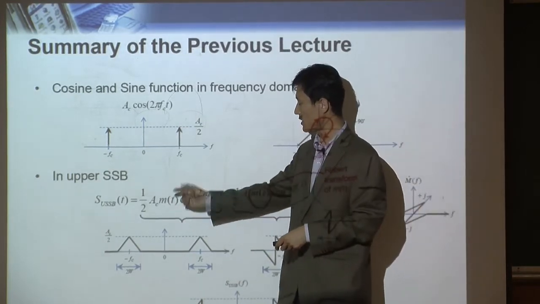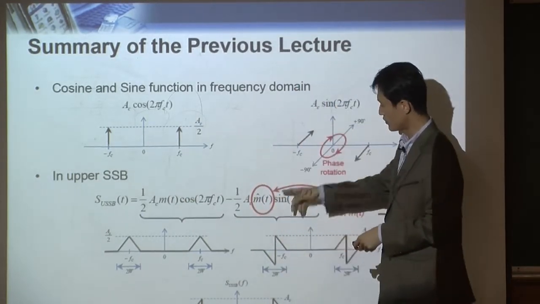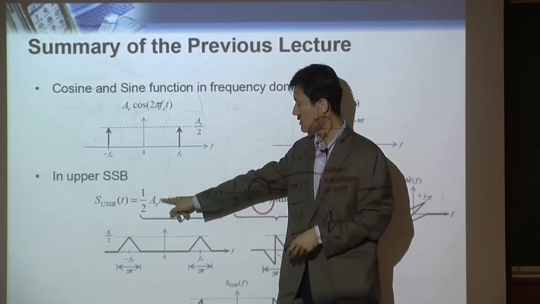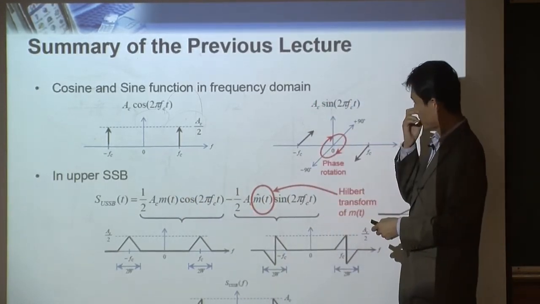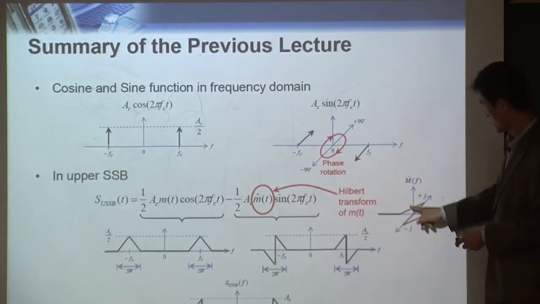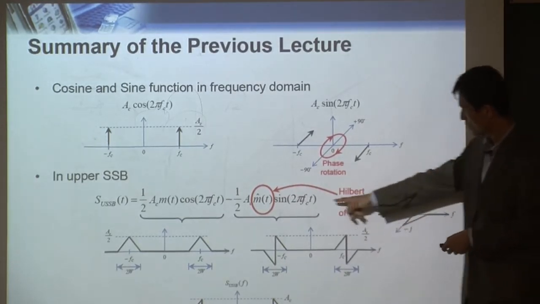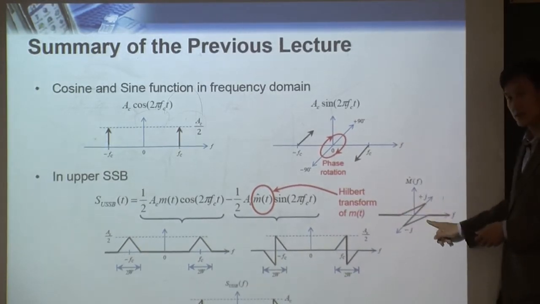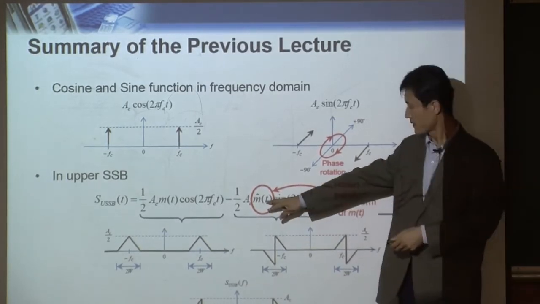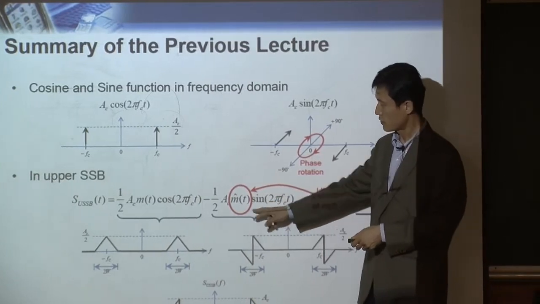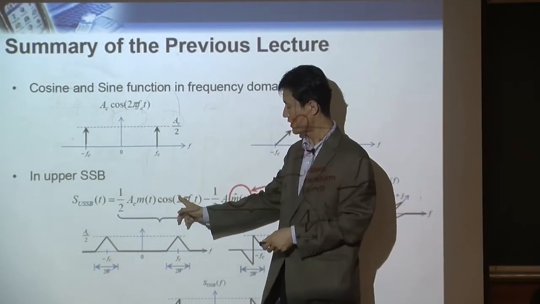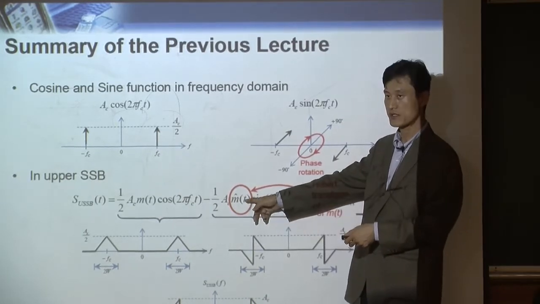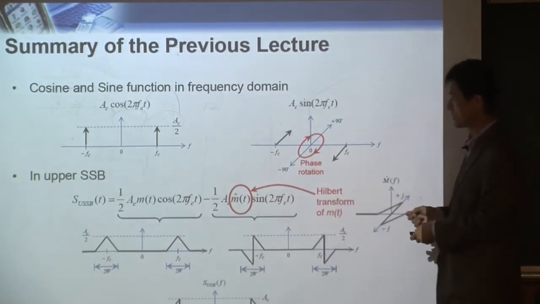So putting m(t) into the Hilbert transformer, you get m hat (t). Let's say m(t) was like this, then we know that m hat (t) has a frequency response like this, right? And you multiply by sine. So the original message you multiply with the cosine carrier, but the Hilbert transform output of your message you multiply with the sine carrier. Okay?